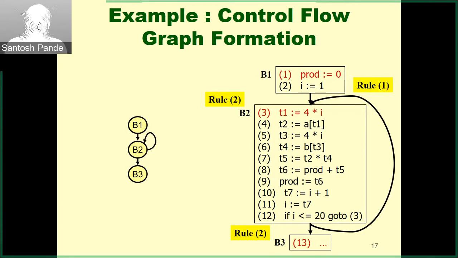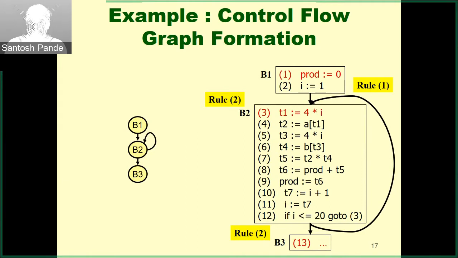So we need information about, hey, I want to just focus on loops and just do this transformation because that is where most of my benefits lie. Most of the execution of the program happens to be inside the loops and not in the acyclic regions. So why worry about modifying B1 or B3, for example?